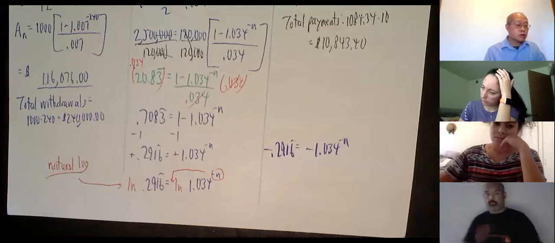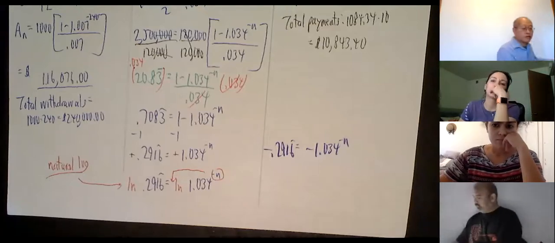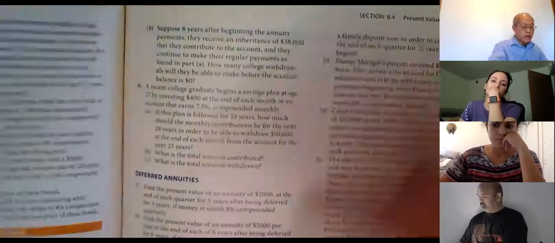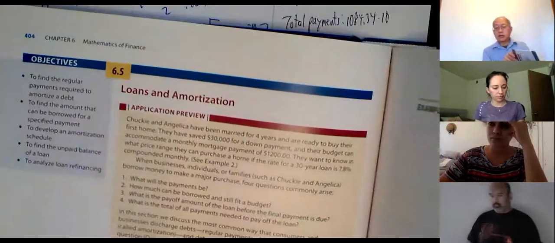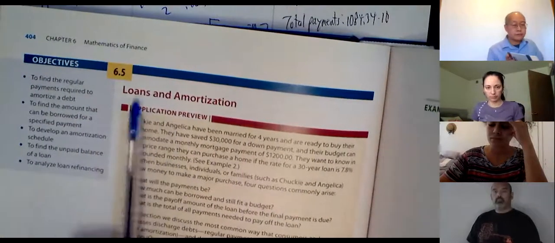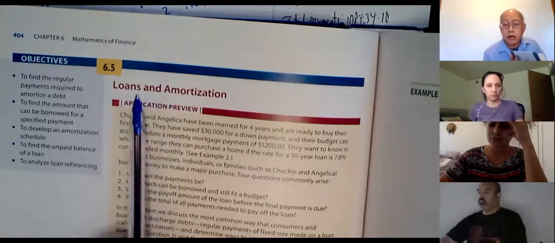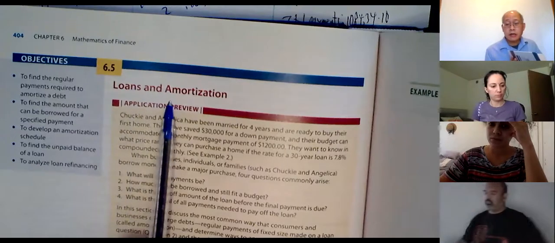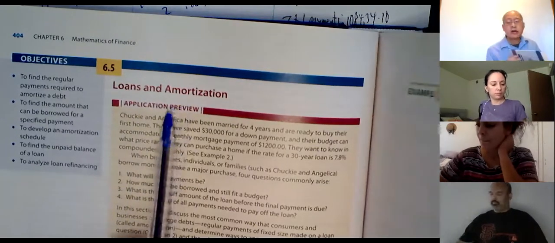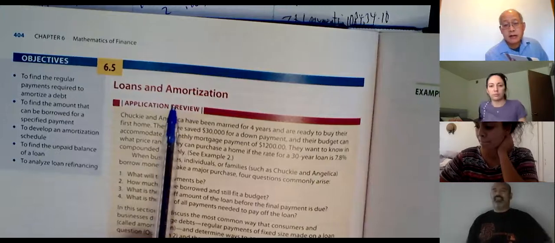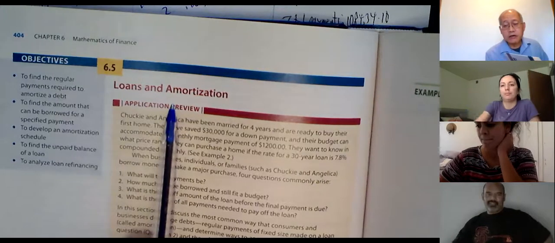Okay, I was going to show you one thing from 6.5 and introduce it. It's called loans and amortization. You take out a car loan, a home loan. It's something called amortization. Let's say you buy a car or you buy a house.